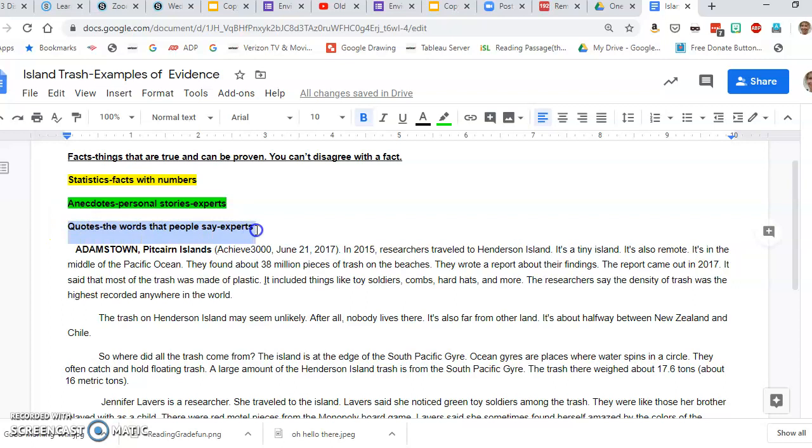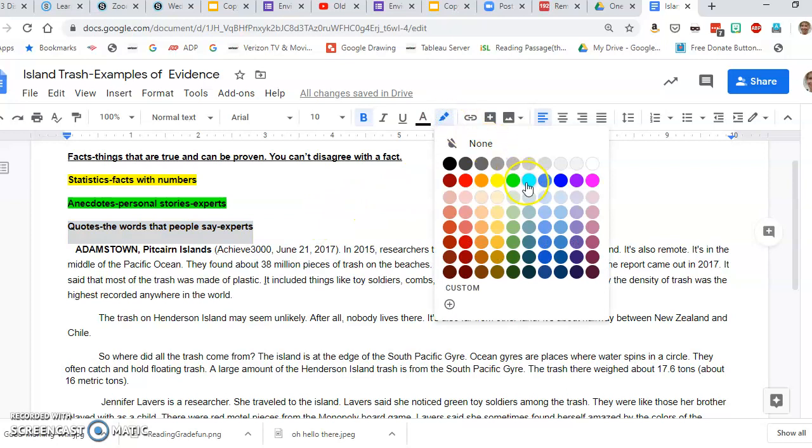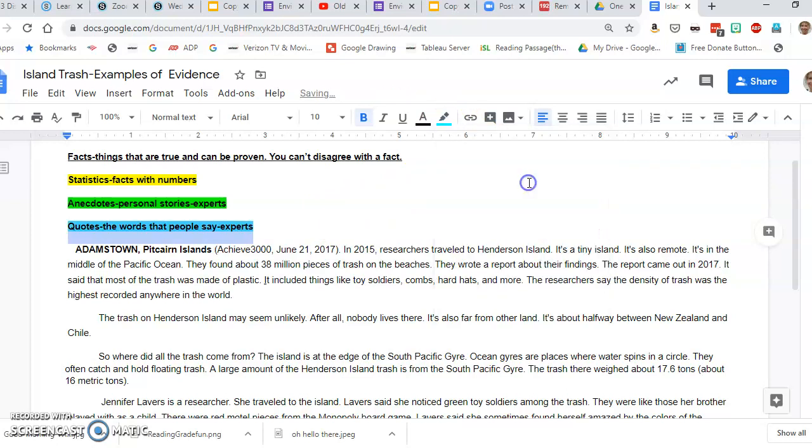And quotes are simply the exact words that somebody has said. In this case, you're most likely going to be looking for quotes from experts because you want to use information and words from experts on the particular subject you're researching.